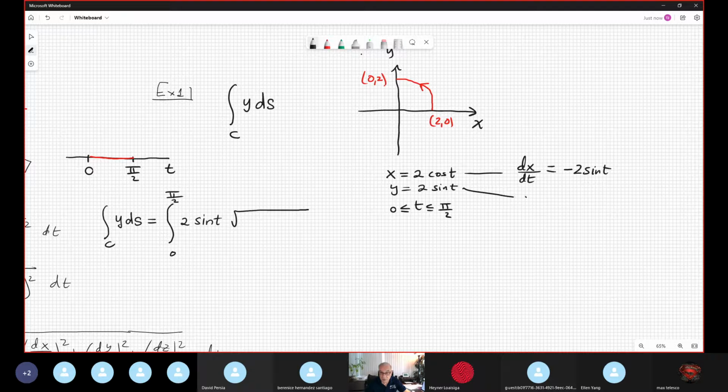And the derivative of sine is cosine, 2 positive, so 2 cosine t. Then you write inside, according to the formula, minus 2 sine t squared plus 2 cosine t squared, and don't forget dt.